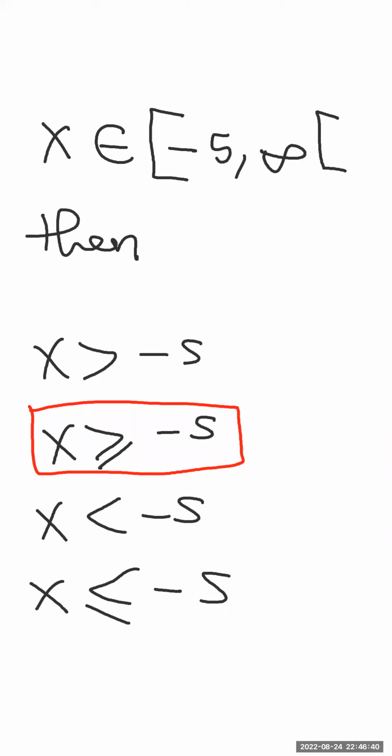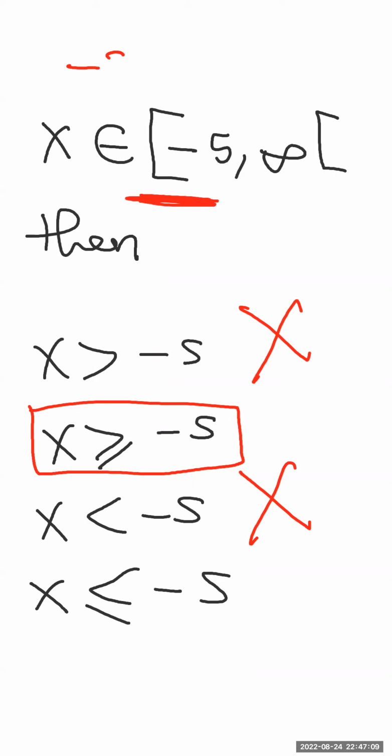Guys, first, let me check the answers with you step by step. Here, at -5, it's closed. So this is wrong, this is wrong. Right? Because closed means or equal. There must be an equality sign, correct? Now, I was at -5, then I'm going in the positive direction.